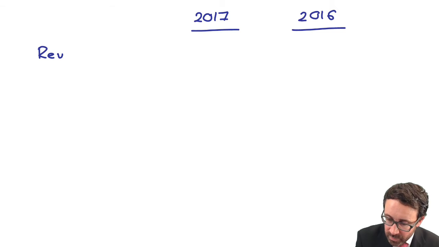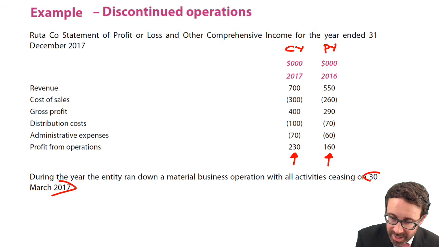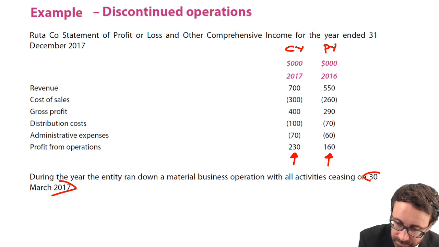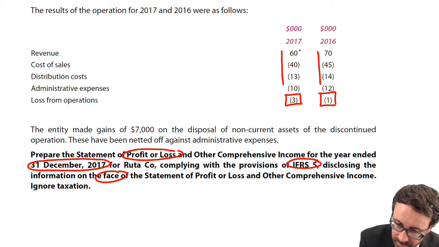So what you've got very simply is, if we go through that and look at 2017, if we then look at 2016, the revenue figure that you've got from 2017 is the 700 less the 60.